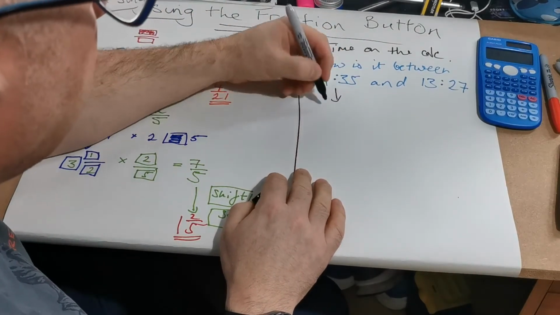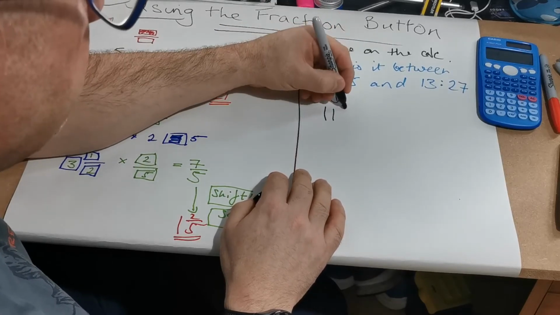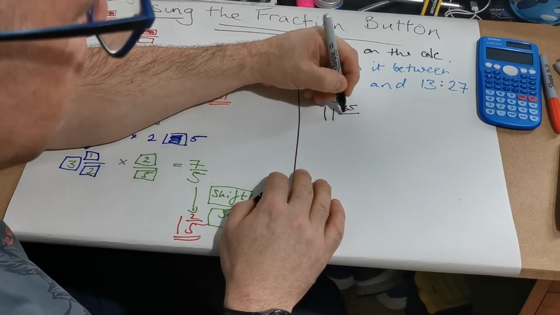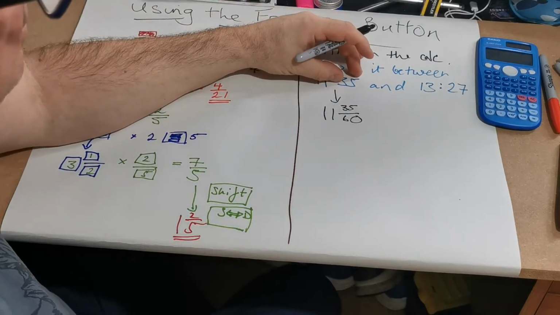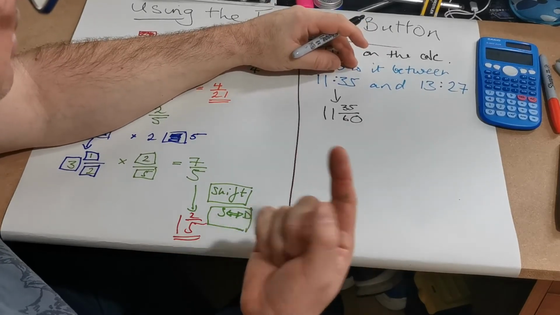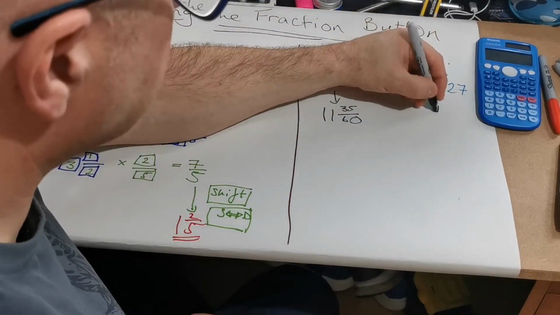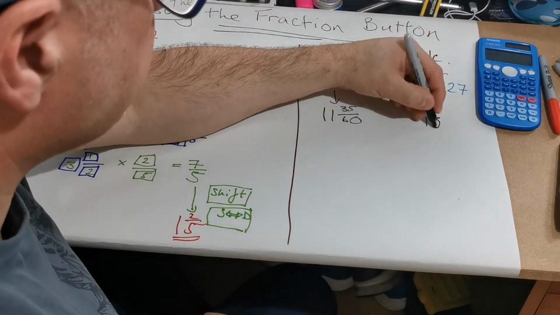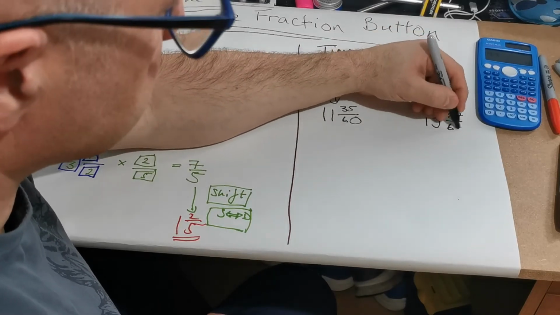So I could say that is 11 hours and then 35/60ths of an hour. So I'm taking into account that we've got 35 minutes, and there are 60 minutes in an hour, so 1 minute is a 60th of an hour. And I could make this 13 and 27/60ths.